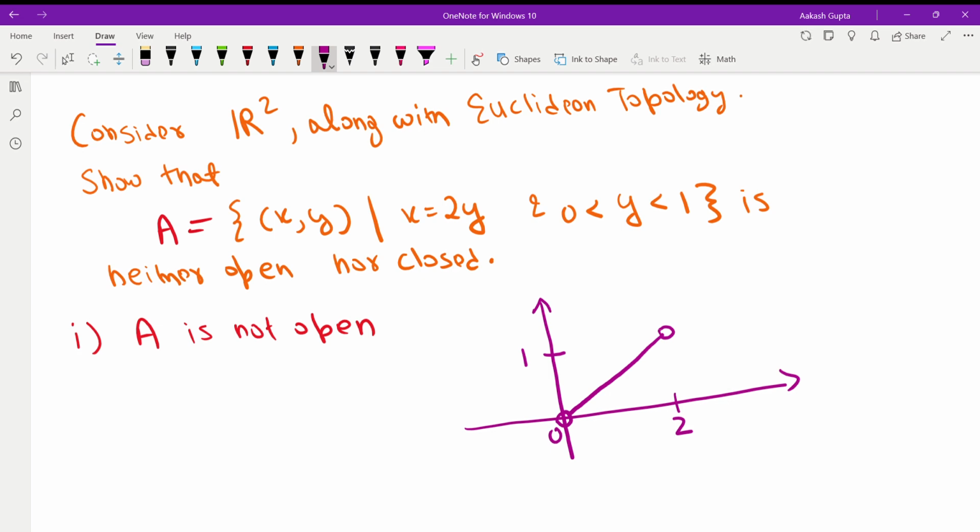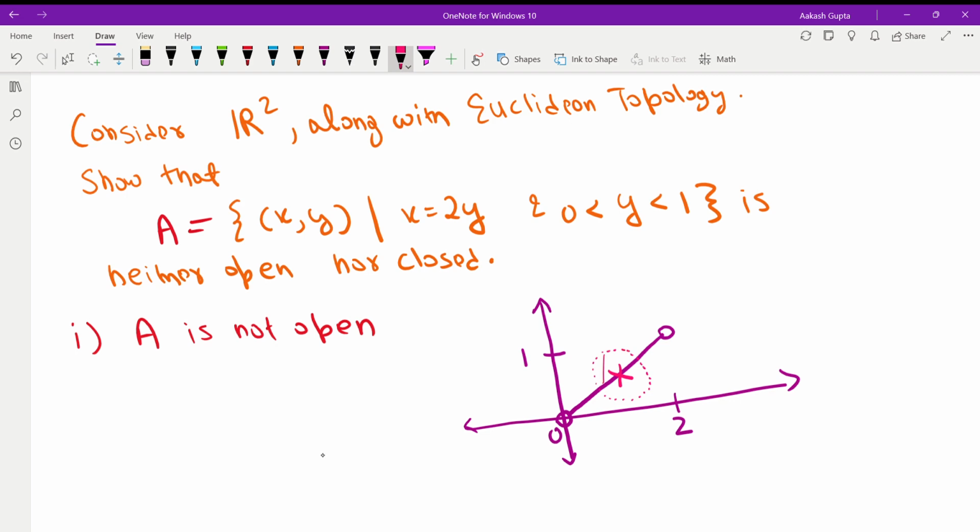Now, what you want to show here is A is not open. As you might have clearly observed, if you take any point here and you take any ball around it, you know how the Euclidean ball looks.